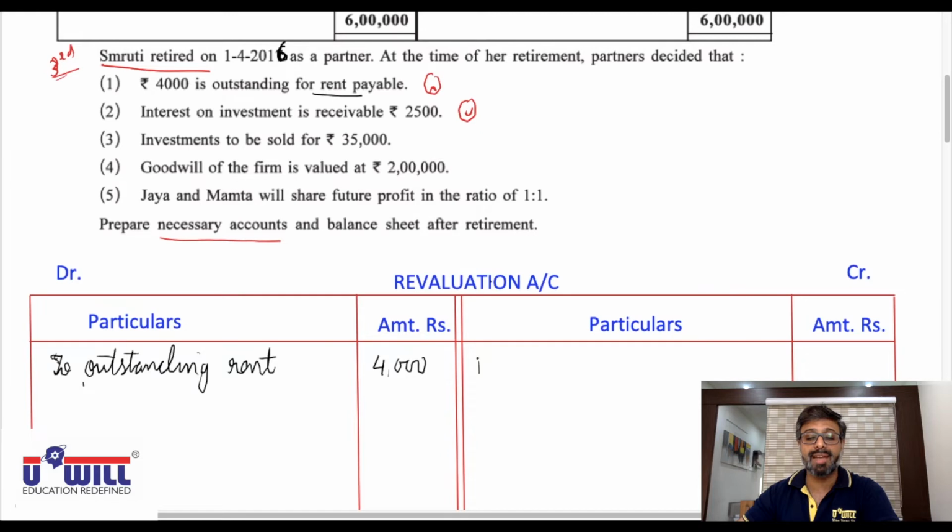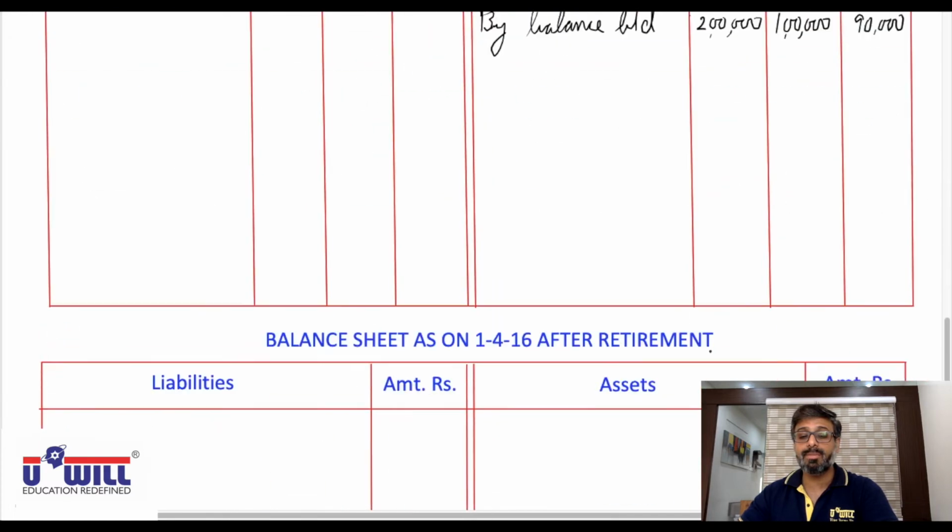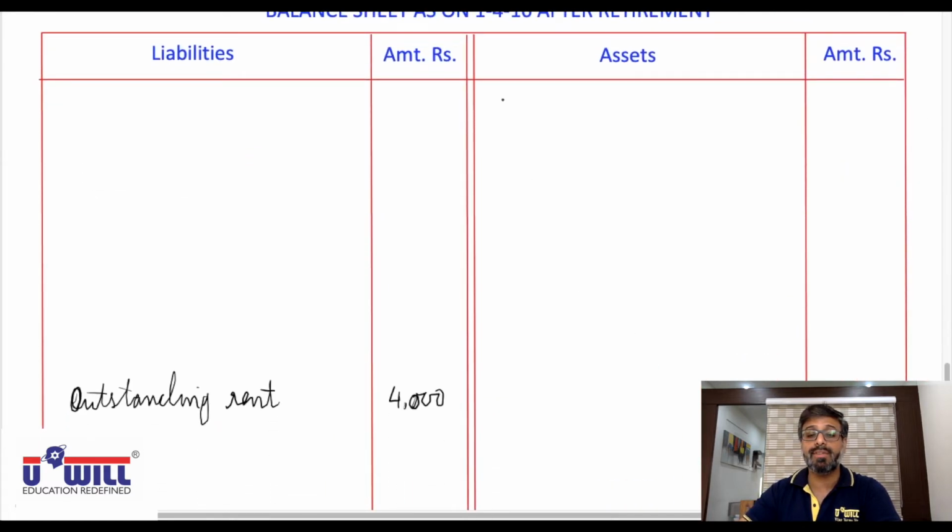To revaluation means revaluation account on credit side by interest receivable or by outstanding interest account, and amount is 2,500, and second effect will come on the asset side, interest receivable or outstanding interest of 2,500. Interest receivable account debit will come on the asset side, any receivable is an asset, 2,500.